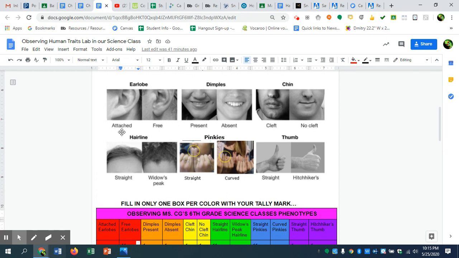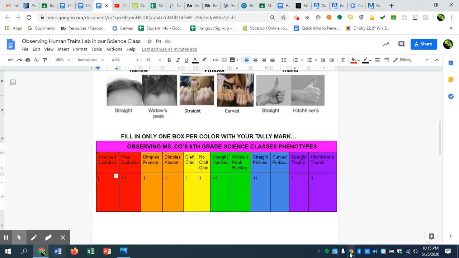So take a look at your earlobes if you're not sure what you have. Attached earlobes look like they're kind of glued to your face. And free earlobes, they have a loop. So depending on what you are, you're going to put a 1 here or a 1 in that box.